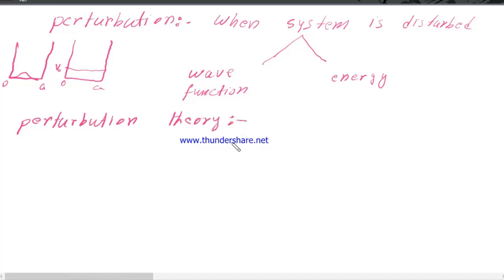The perturbation theory is the systematic procedure to obtain the approximate solution to the perturbed system. This is a perturbed system like this, this is a perturbed system.